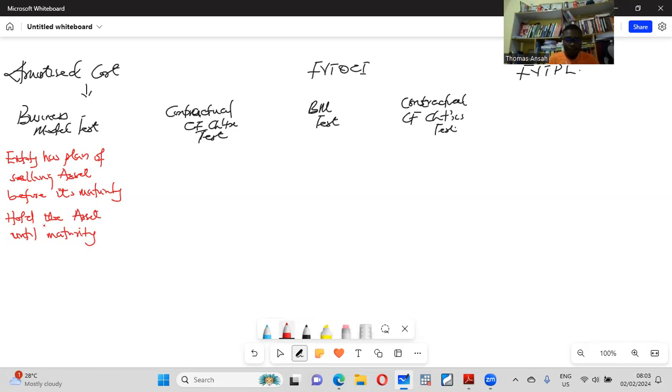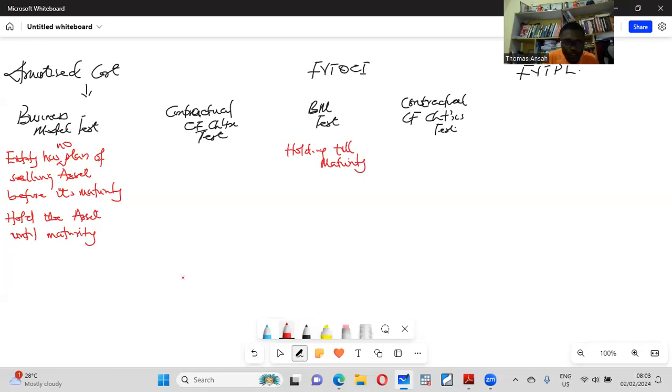But interestingly, for fair value through OCI, the entity also holds it to maturity, but this one says the entity has no plans of selling the asset, while that one won't tell you that. All that it is saying is that the entity is holding it to maturity, but they have plans of actually selling it prior to its maturity.